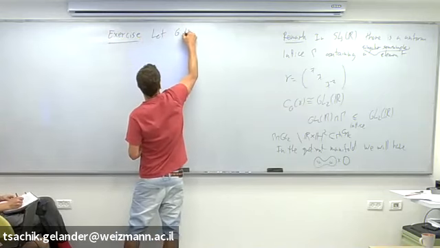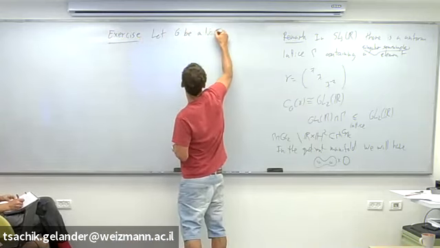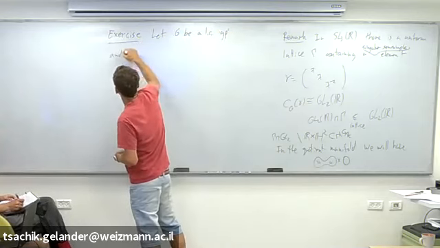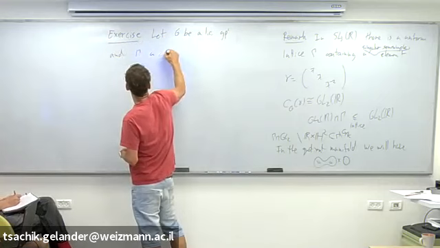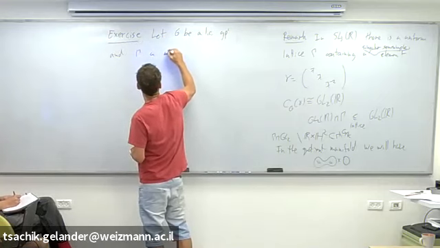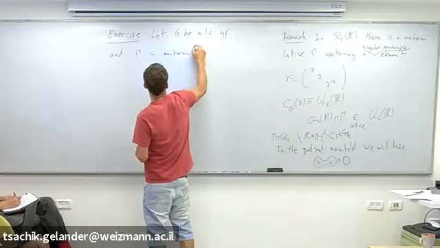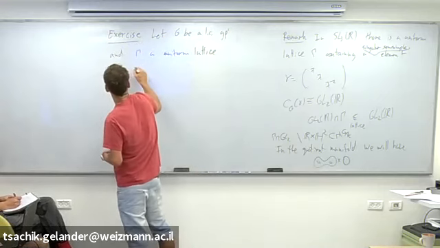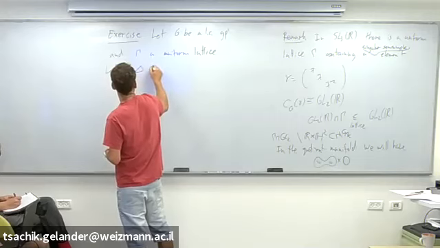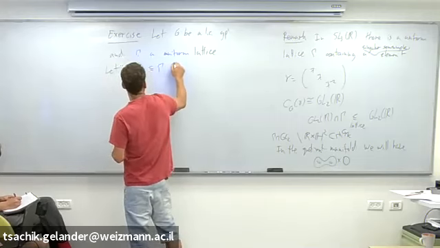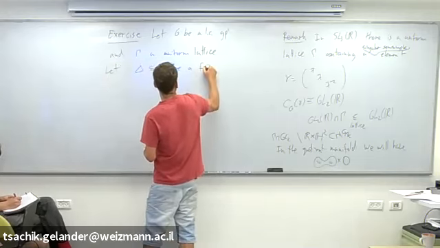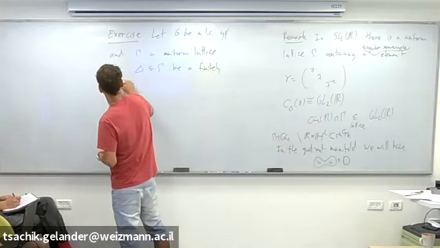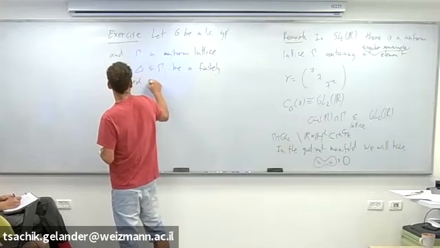Let G be a locally compact group and gamma a uniform lattice. Let delta inside gamma be a finitely generated subgroup.